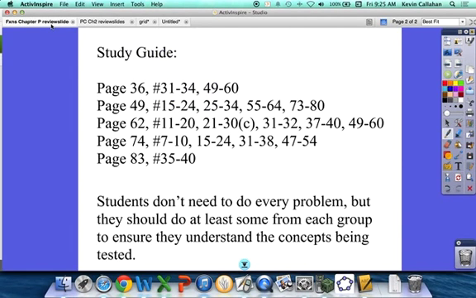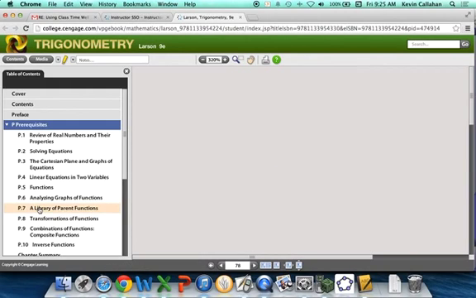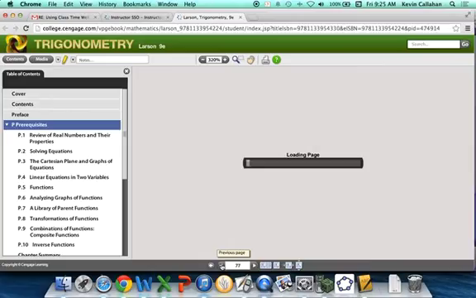Okay, that's that. Page 74. 74, too far. Probably it's going to.